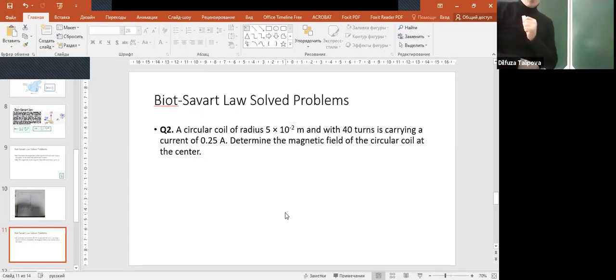Okay. Now we have the number of turns. We are given the circular coil, let's call this one, okay? And here the number of turns N is equal to 40.